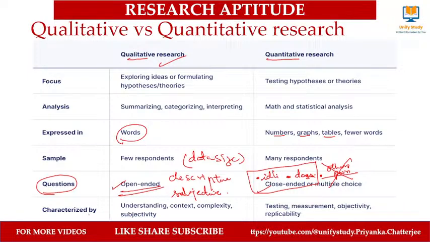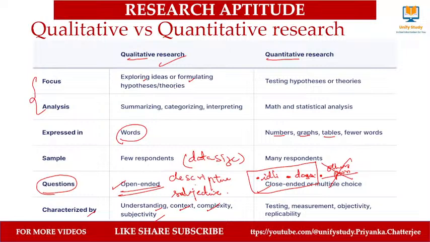Qualitative research is characterized by understanding context, complexity, subjectivity. Quantitative research works on testing, because everything is predefined. I'll be testing and measuring the concept. It will be objective in nature and replicable. Now I move to the first two points. Here he'll be exploring ideas, formulating hypotheses or theories.